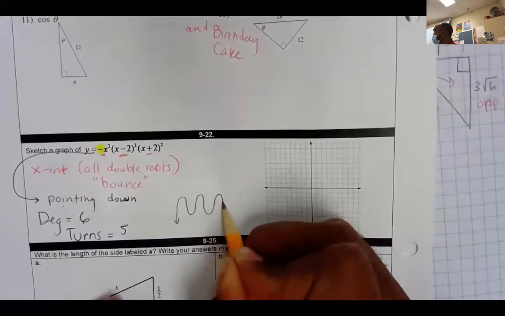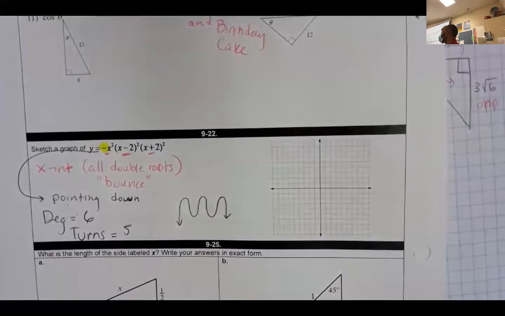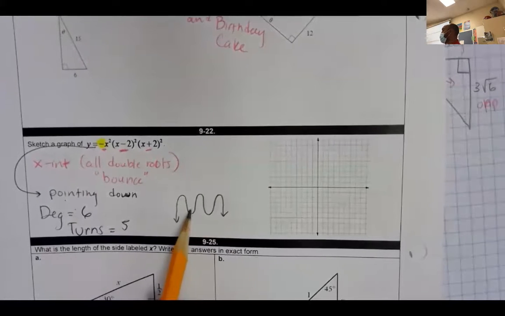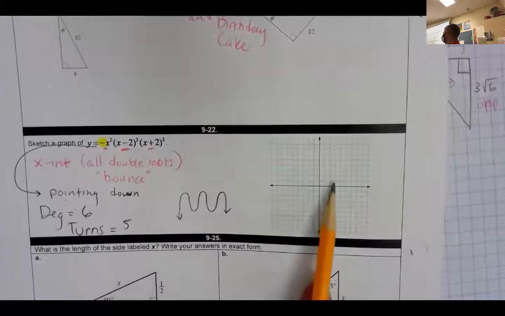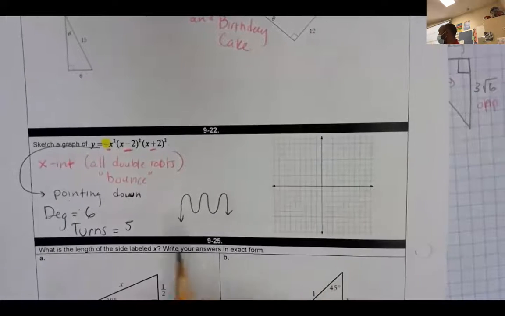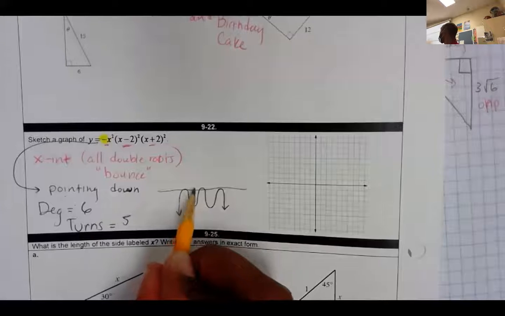It ends pointing down. Now remember, we have 3 x-intercepts, and all 3 of them bounce. If it's pointing down, will it be under the x-axis or above? Under. It'll be like this. So it's all going to bounce at these 3 points.